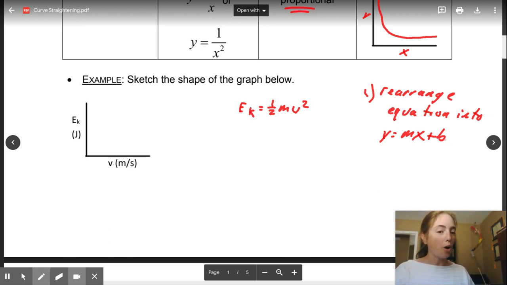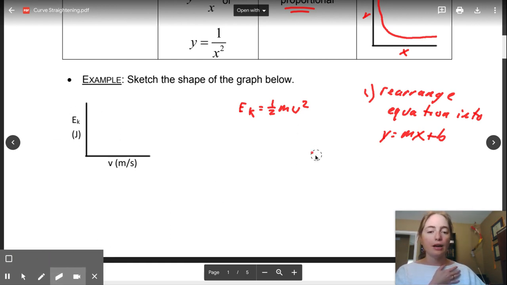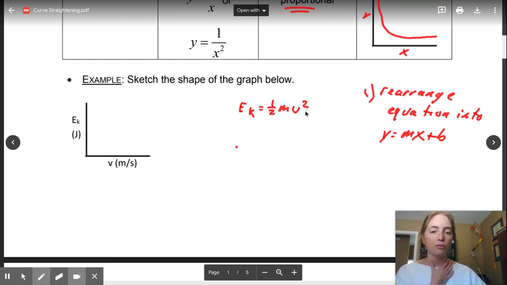For now, we just need to identify in our equation what is y and what is x. In this case, EK is the y, and our x is v here. Very good. And the 1/2 m is going to be your m, which is your slope.